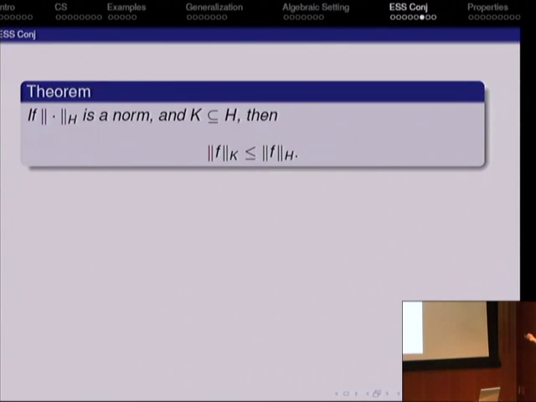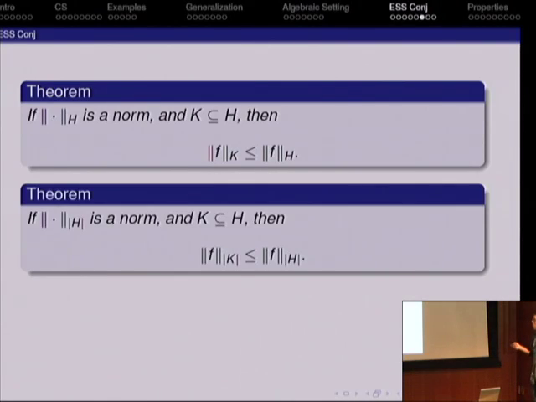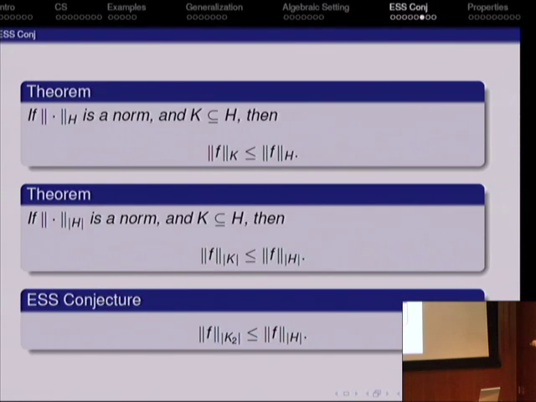So what we showed is that if this is a norm, then for any subgraph we have this inequality: the norm defined by the subgraph is dominated by the norm defined by H. You can repeat the same proof with absolute values and get the same thing. Let's compare it to the ESS conjecture, which just asks about K2 and H. In cases where we know this is a norm, we get something much, much stronger.